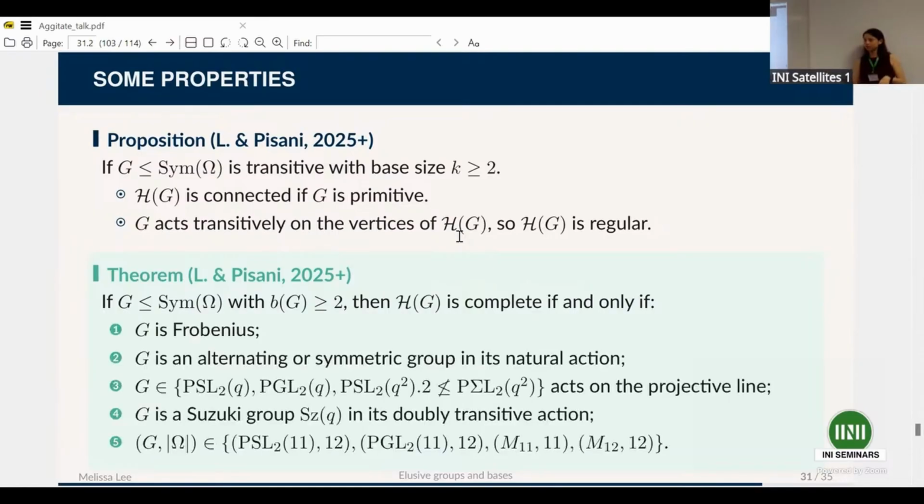So I'm just going to flash up these cases. We've got things like G being a Frobenius group. We've got other obvious things like alternating and symmetric groups in their natural action. So we're able to do a complete classification here, which was quite nice. Okay. Right.